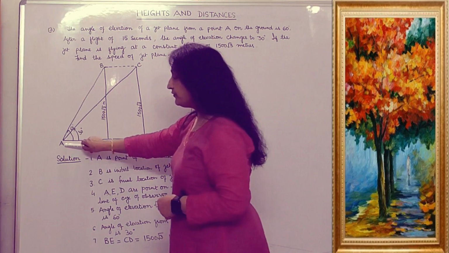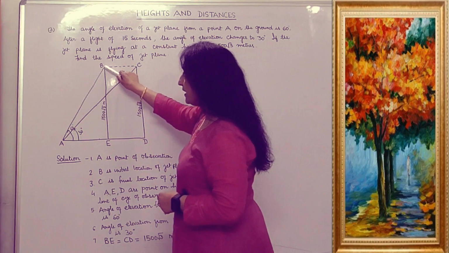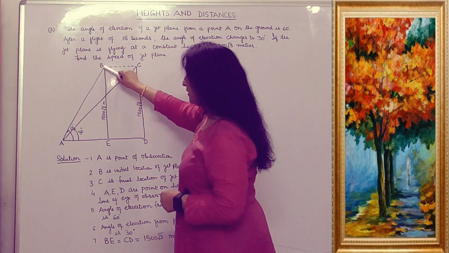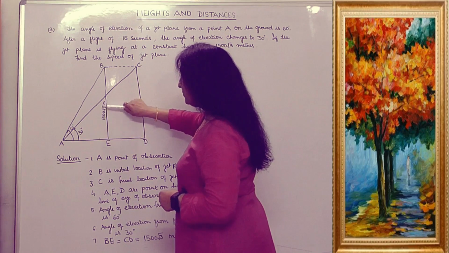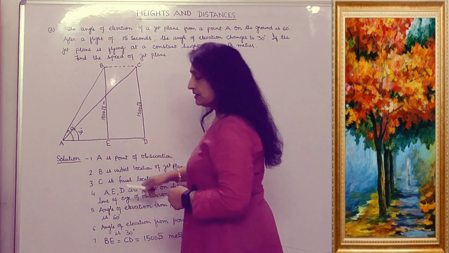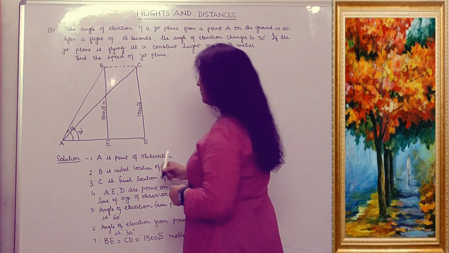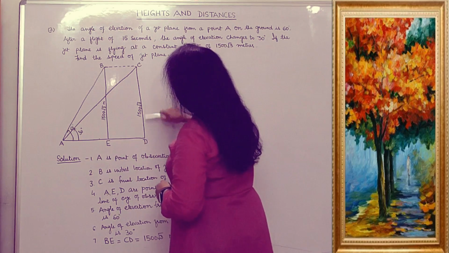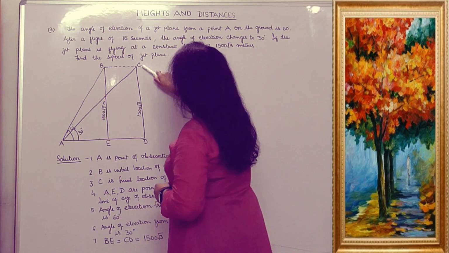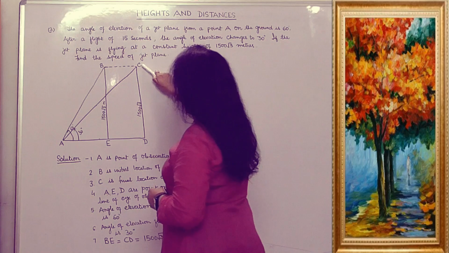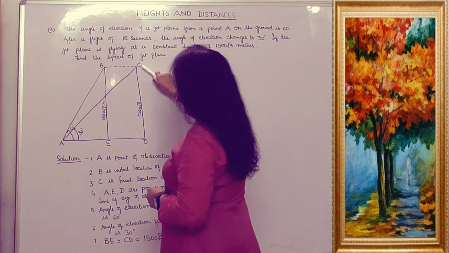Here A is the point of observation, B is the initial location of the plane, which is 1500 into root 3 meter above the horizontal line of the eye. C is the final location of the plane, which takes place after 15 seconds.